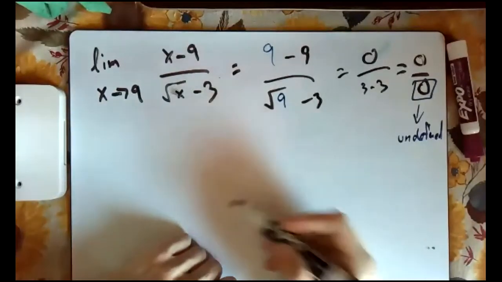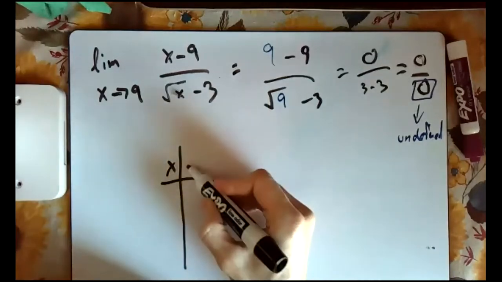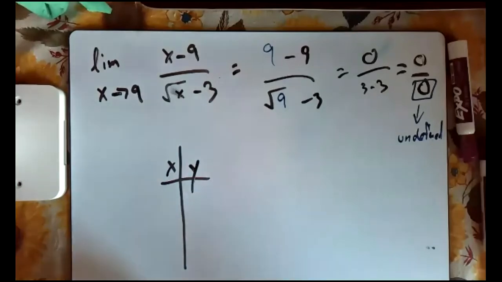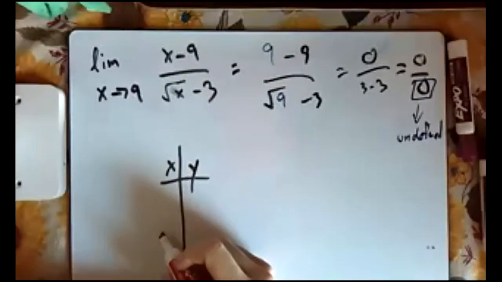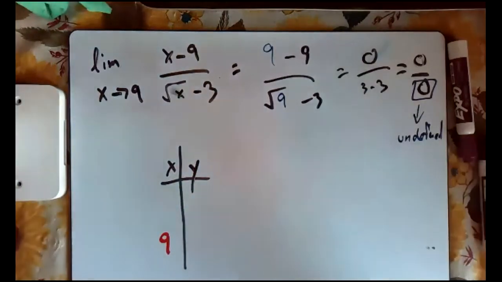So what do we need to do right here? Well, let's look at our t-table again. And 9 is going to be our guy that we're trying to get close to, correct?